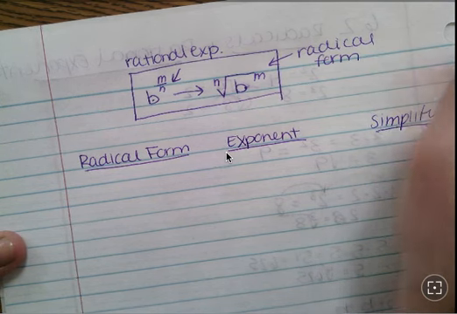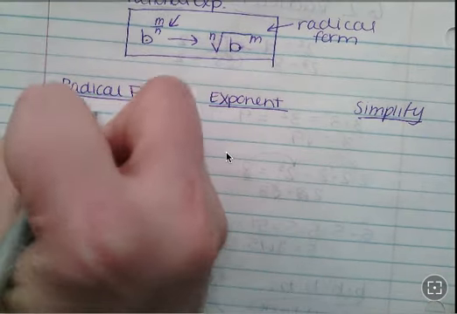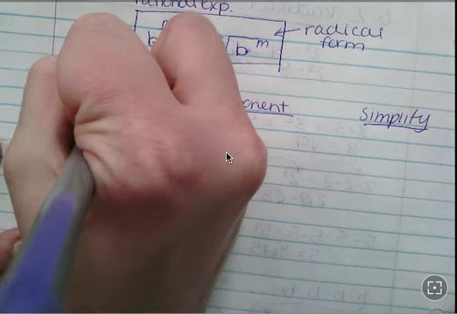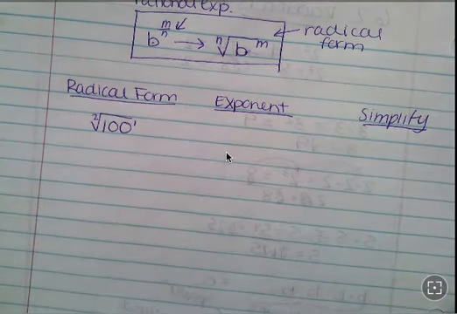Okay, so we're basically going to make like a table or a list here. So let's say that I gave you the square root of 100. That's in radical form. Okay? If you don't see an index, it's assumed to be 2. And if you don't see a power, it's assumed to be 1. Might want to rewind that and listen to the last 5 seconds again because that was important.